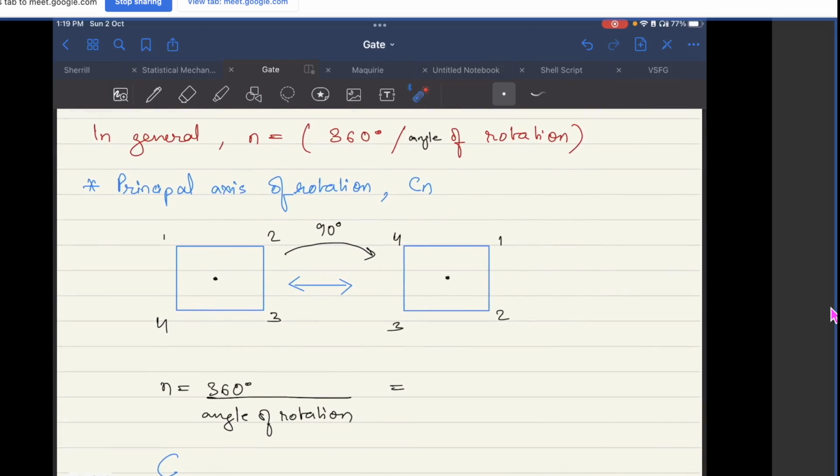If you see this example, this is a square, and I tag its corners 1, 2, 3, 4.